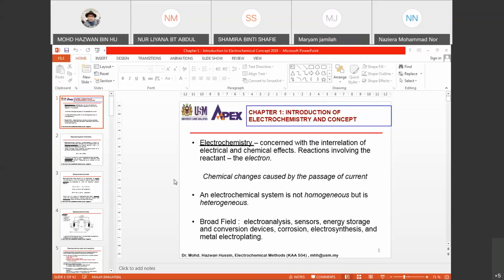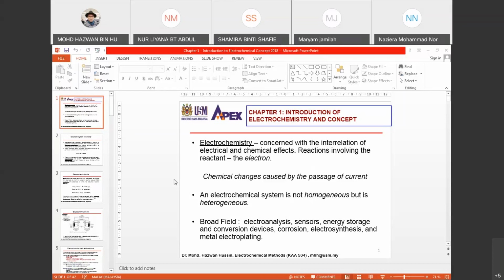So this area is actually concerned with the interrelation of electrical and chemical effects. During your high school, you learned about electrolytic and voltaic cells: the energy change from chemical to electrical, and from electrical to chemical. These are the things.